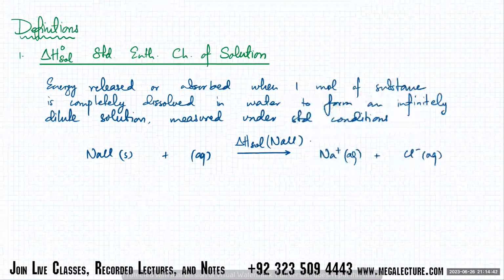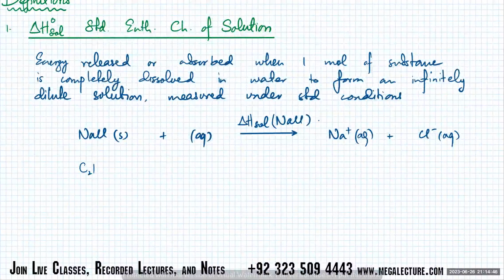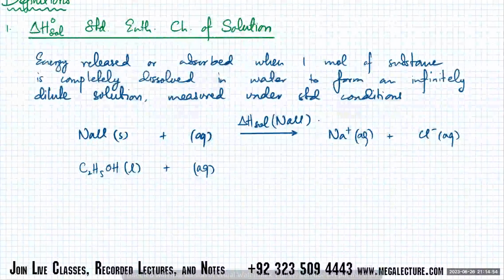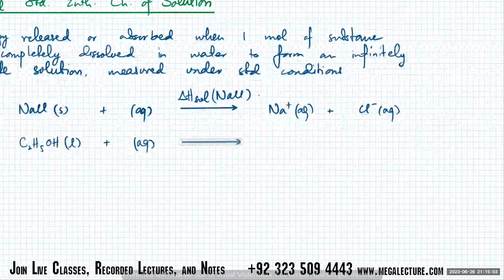If I have a covalent compound like ethanol, which is a liquid, I mix it in water. Now it's not going to dissociate because covalent compounds don't dissociate, they don't ionize, they just mix with water. They form hydrogen bonds if they are very soluble.